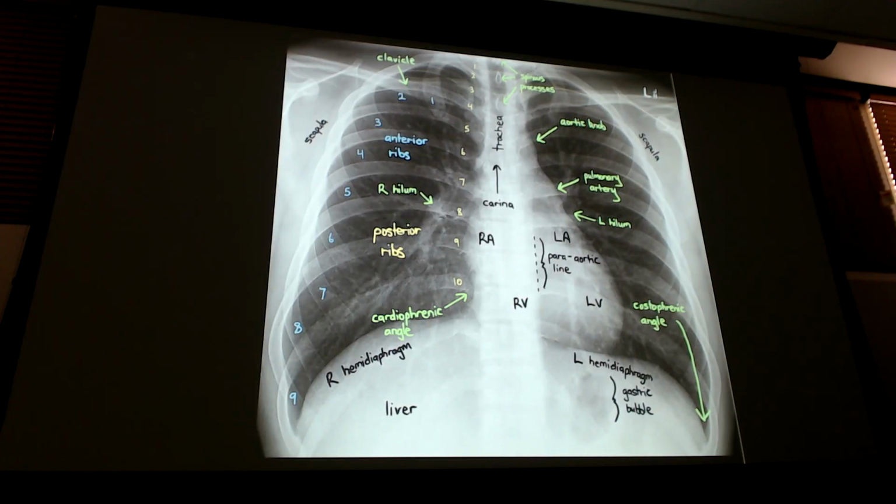Okay? We will go over ribs ad nauseam, because you need to know which ribs you're looking at. But for right now, the yellow numbers are your posterior ribs. Boy, those look like they're right up front. They're not. Your blue numbers are your anterior ribs.